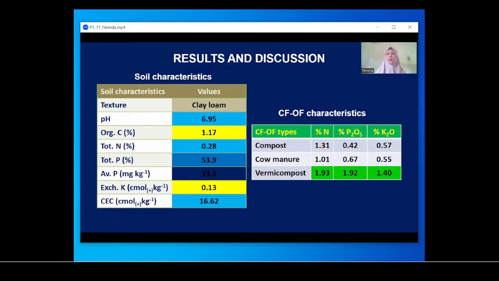For the cellulosic fungi enriched organic fertilizer we used in this study, vermicompost has the highest nitrogen, phosphorus, and potassium contents.